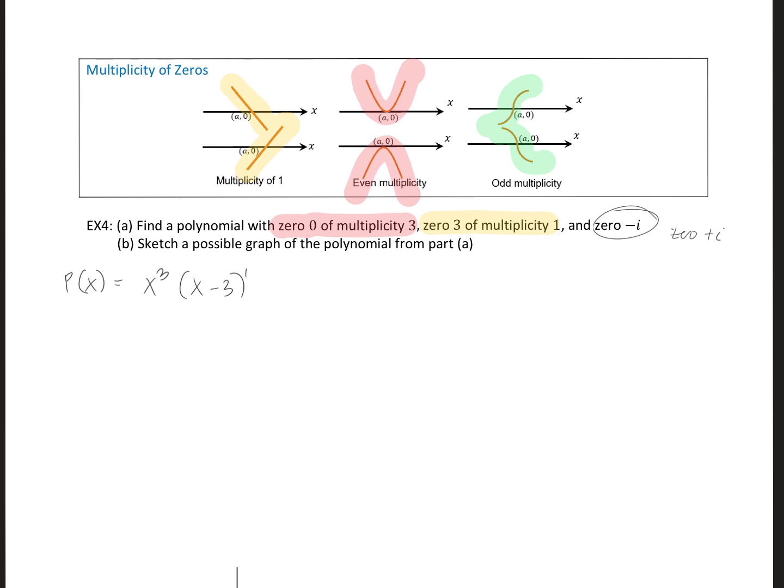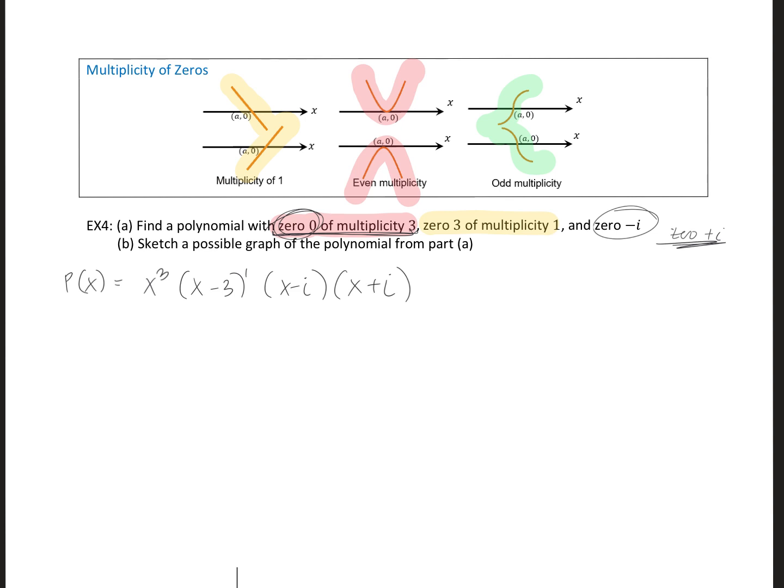And then we have a 0 of negative i, which I'm assuming is just going to be multiplicity 1. So it's going to be x minus i, and then again we have to remember the conjugate, x plus i. So as a reminder, the 0 right here is just x equals 3, and x plus 0, remember, would give me a 0 of 0. All right, so there we go, we have our polynomial.